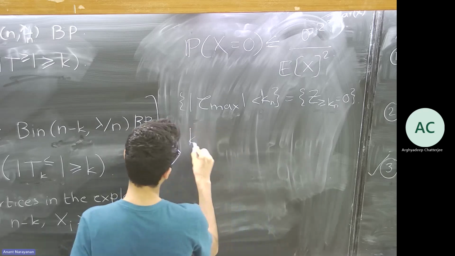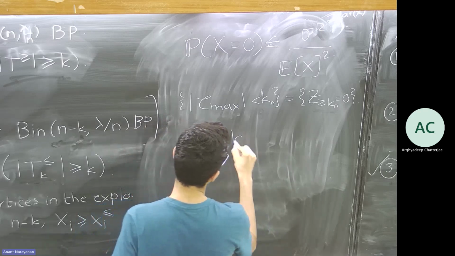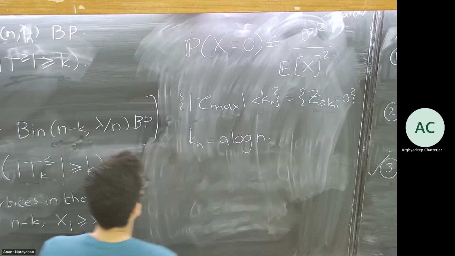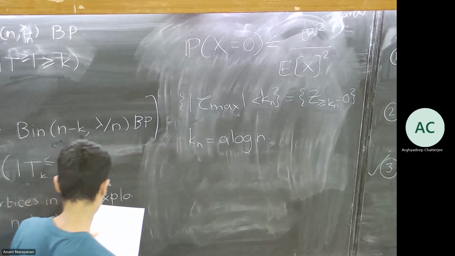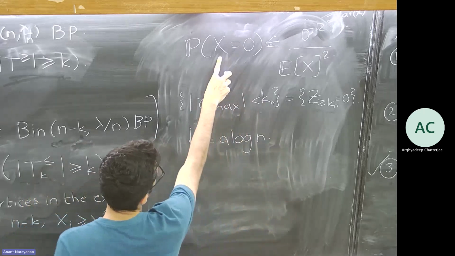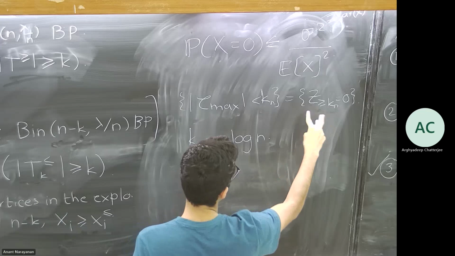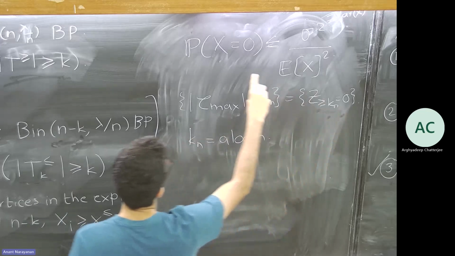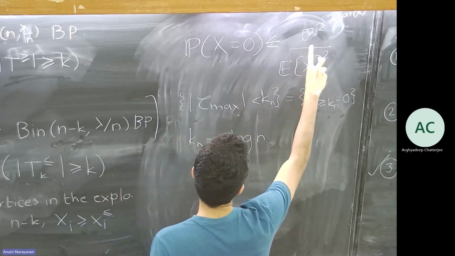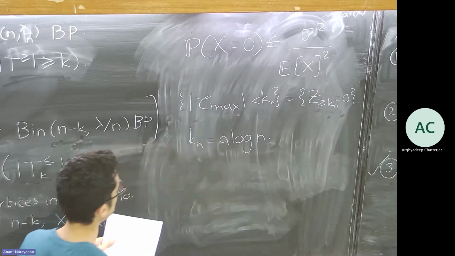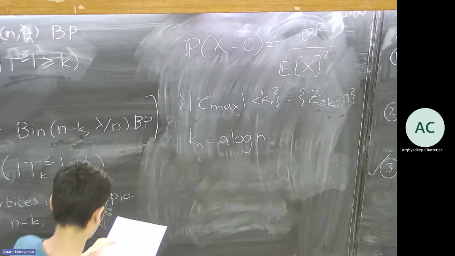Now at the end, I'll just put k into the line. Since I want to use this, that is the particular reason I have chosen this step. So now I need two things for this: an estimate for the variance and an estimate for the expectation.